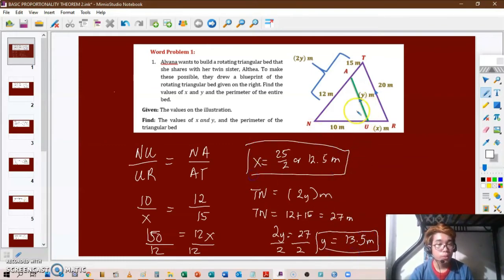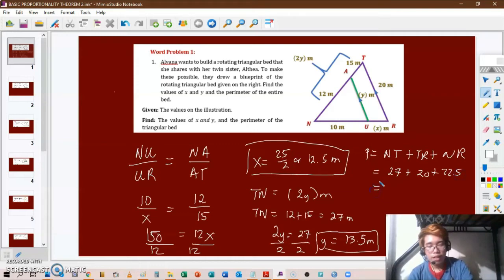Now that we know the values of y and x, we can solve for the perimeter of this triangle. The perimeter of triangle NTR is going to be side NT plus side TR plus side NR. NT is 27, TR is 20, and NR is 10 plus 12.5, so 22.5.